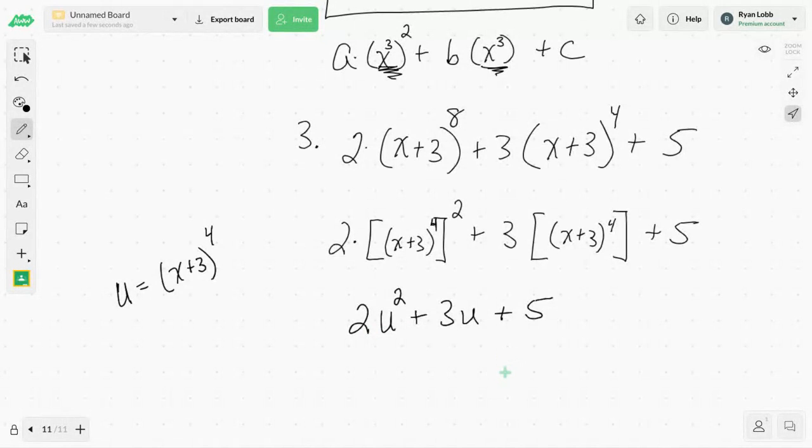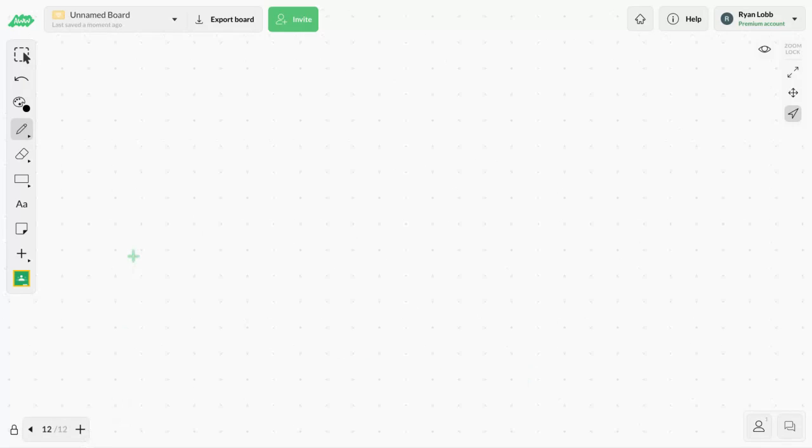Because you got to be able to identify quadratic form to then apply skills, techniques and concepts to the quadratic form polynomial. So over here, the first way, what we're going to do is just factor.